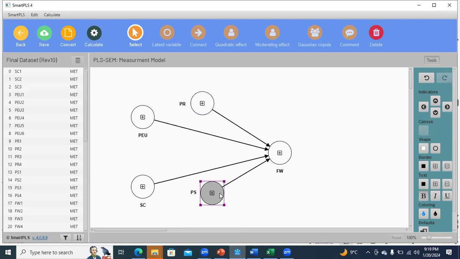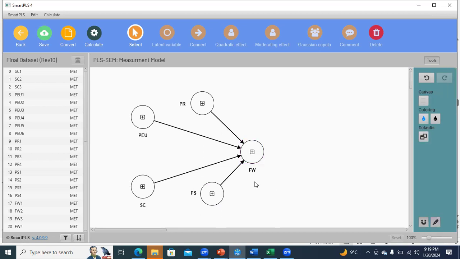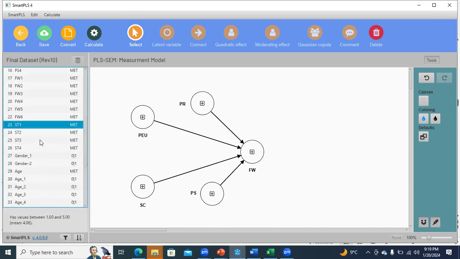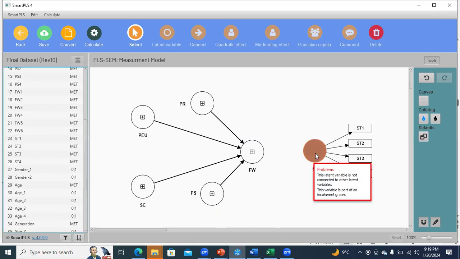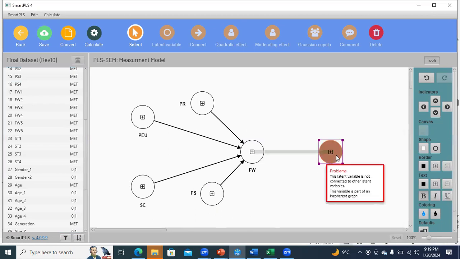So for example, these are the four factors which are impacting FW, and FW is impacting another construct, which is service trust, that is ST1 to ST4. So I create another construct here like this, and I also hide the indicators of this construct.